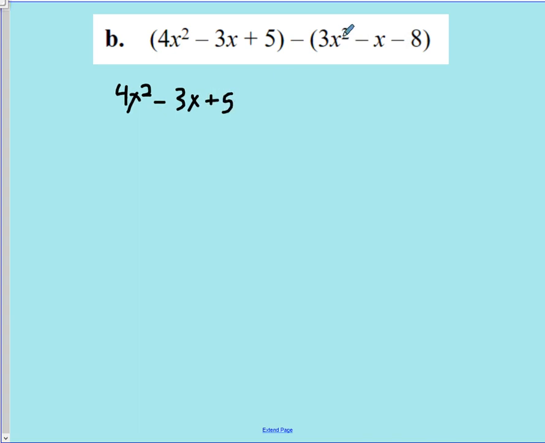And then I'm going to start distributing my negative sign. So negative times 3x squared is negative 3x squared. Negative times negative x is going to become positive x. And negative times negative 8 is going to become positive 8.